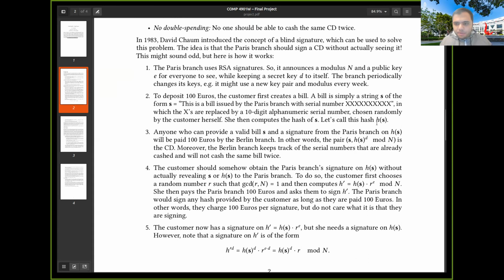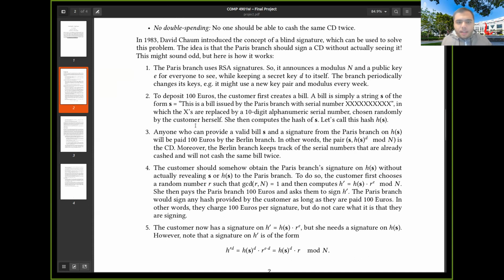And then she computes the hash of this bill. So if the bill is S, she computes hash of S. We can use any hash function here. You can just imagine that we're using one of the standard hash functions, for example SHA-256, or any other hash function that exists in Ethereum.